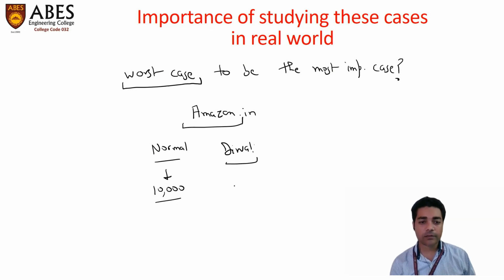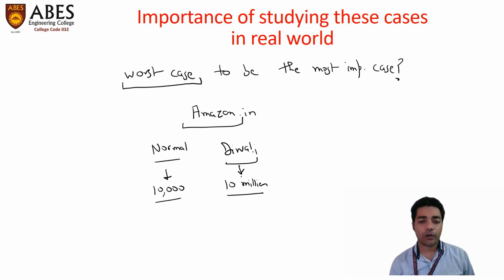But on Diwali, this is definitely going to increase. Let's say 10 million people are coming on Amazon. Just hypothetically, I'm saying, I do not have any facts, but the ratio is definitely going to increase on Diwali, because there are many offers, and there will be many more people buying things to gift someone.